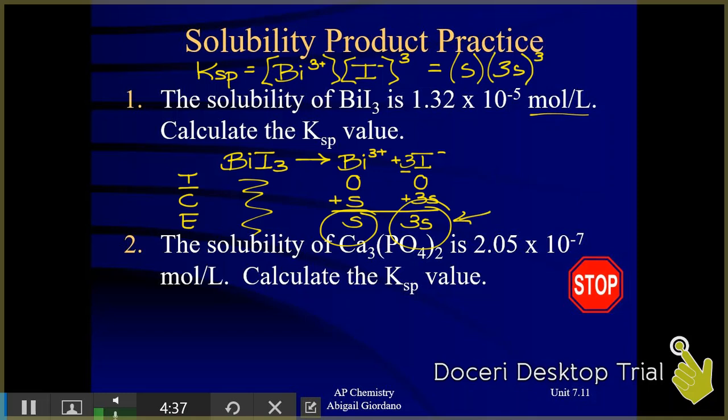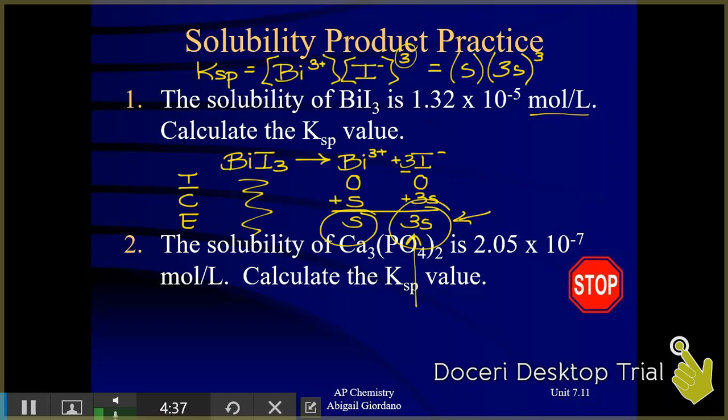Okay, you have to do that sort of twice. My students often mistake that and they say, well, why do you have to deal with the 3 twice? Well, we had it here because of stoichiometry, and we have it here because that's how you write a K expression. So you do have to take care of it twice.